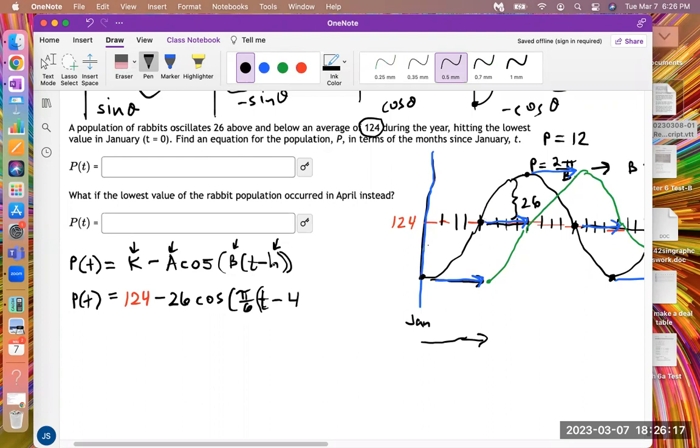So I plug in +4 and it should be opposite from what you see. It moved in the +4 direction, so we see -4 when we look at the actual equation. Okay, so that's the only change. It just had a horizontal shift.